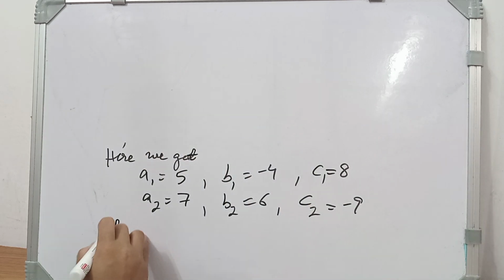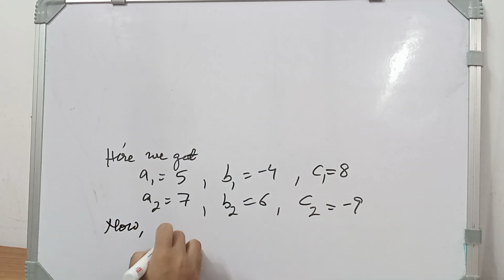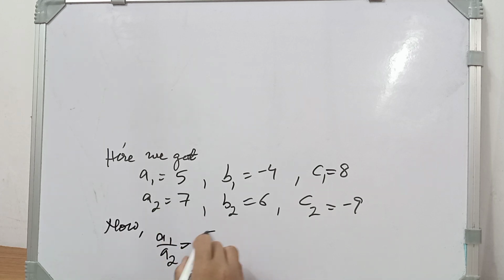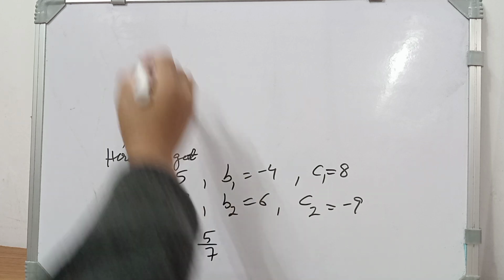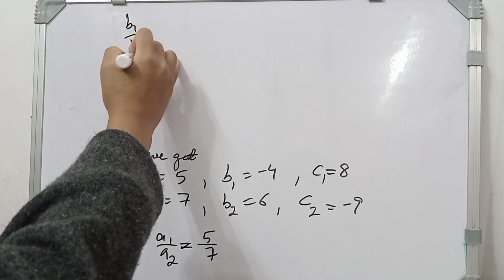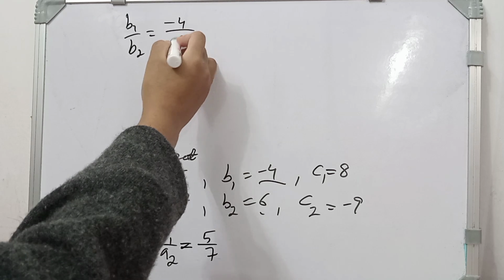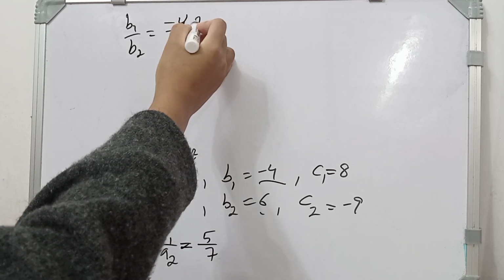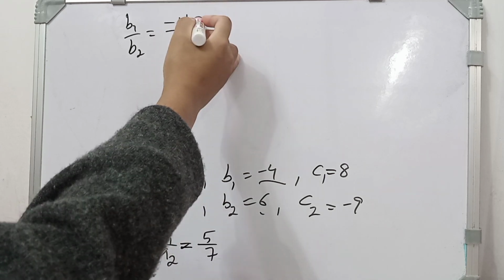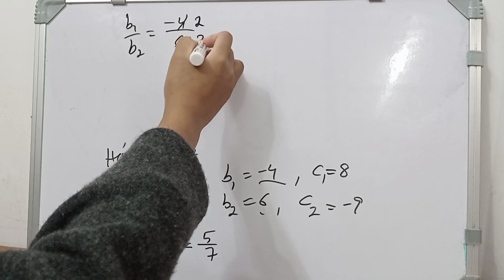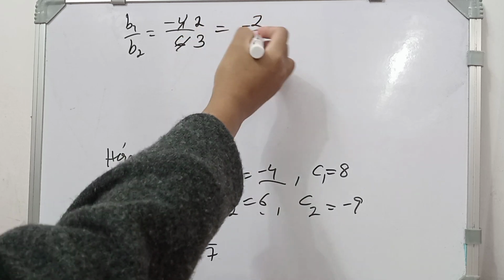Okay. Now a1 by a2 is 5 by 7. And b1 by b2 is minus 4 by 6. 2 into 2 is 4, 2 into 3 is 6, so it is minus 2 by 3.